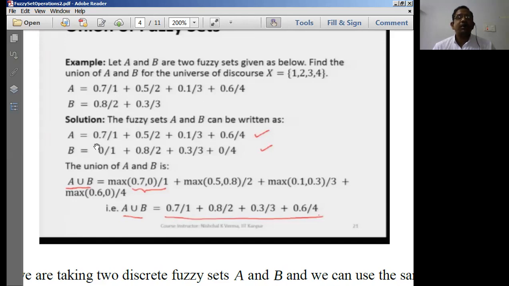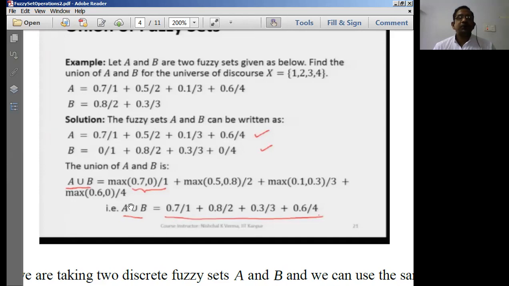So what is the degree for element 1 and element 4 in set B? It is definitely 0. So the degree is 0/1 and here also plus 0/4. This is how we expand the set B.